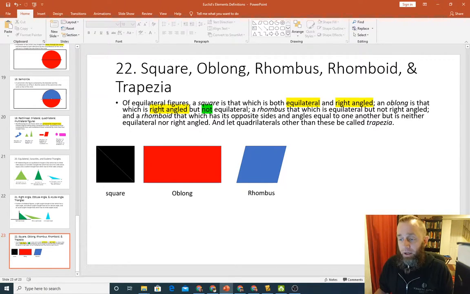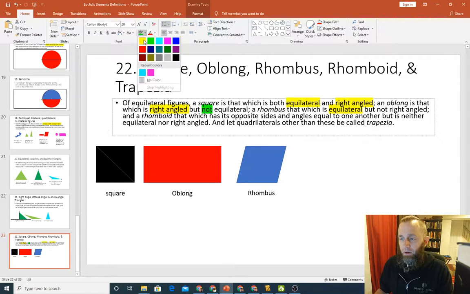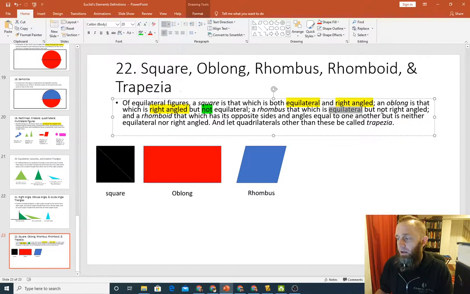I should highlight equilateral. Let's yellow up our equilateral. All right, so we said that our rhombus was equilateral, but not right angled. Forgot to do over here. So there we go.